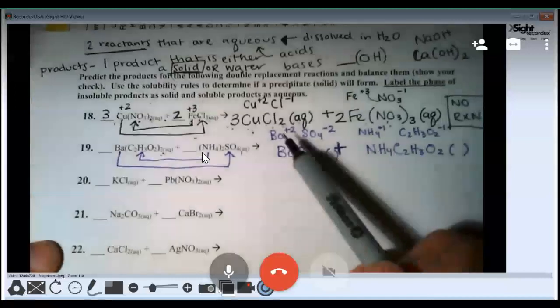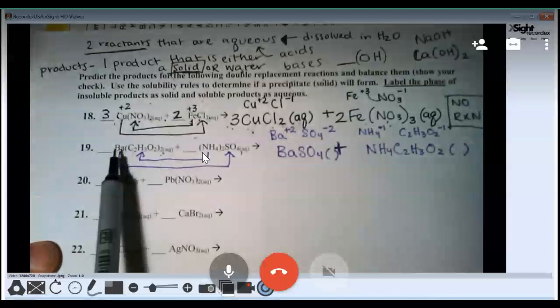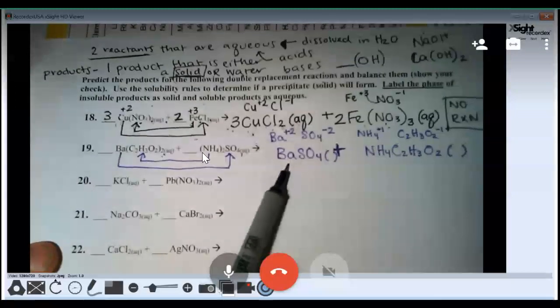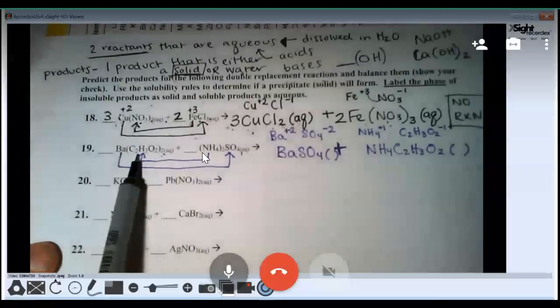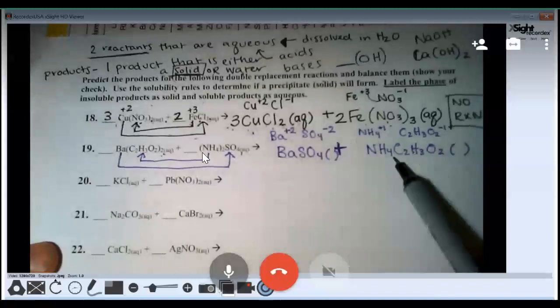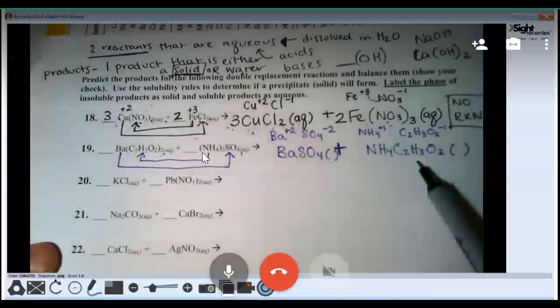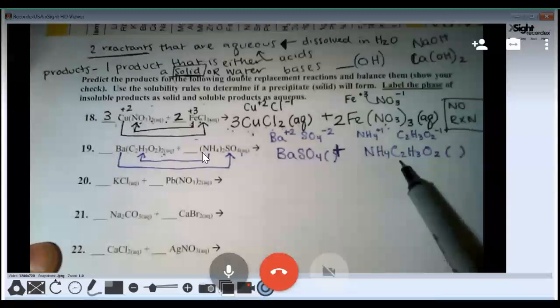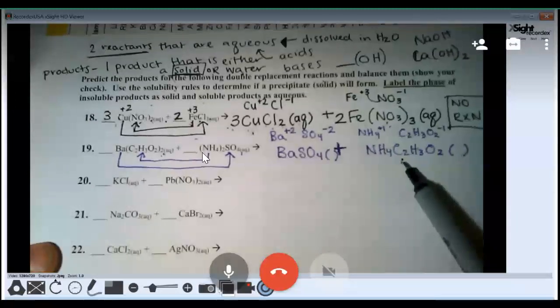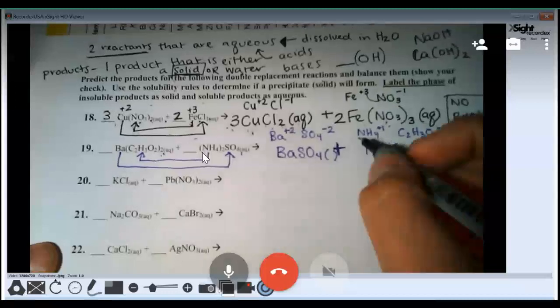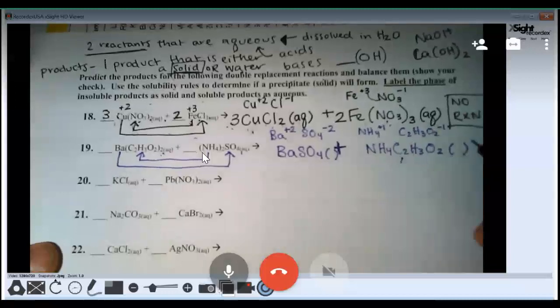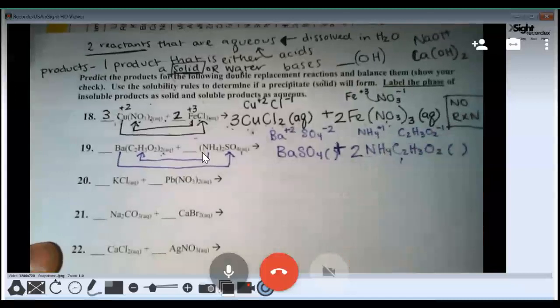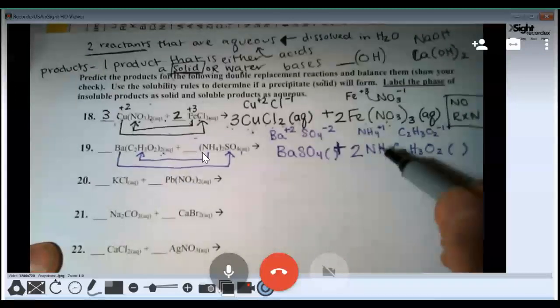Okay, so we have barium, one over here, one over there. That looks good. We have 2 acetates on the reactant side. Oh, we only have 1 on the product side, so what do we need to do to fix that? We need to put a 2 in front of the product that is ammonium acetate. Okay, so we'll put 2 there.